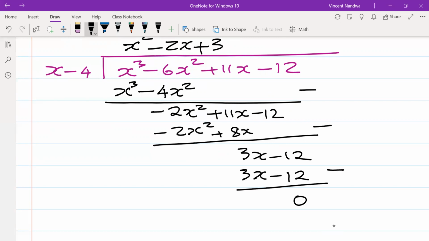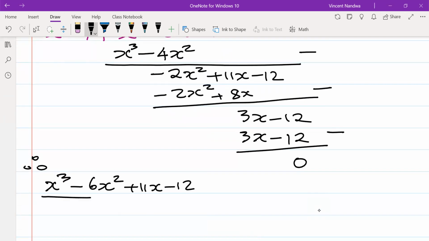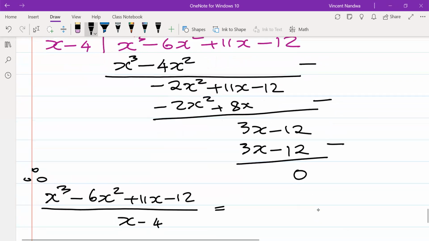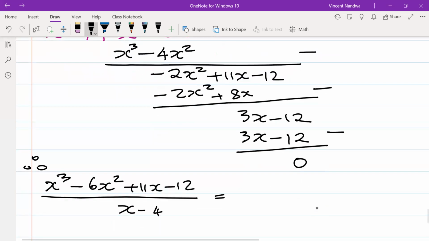So that means x cubed minus 6x squared plus 11x minus 12 over x minus 4: the quotient is given by x squared minus 2x plus 3.